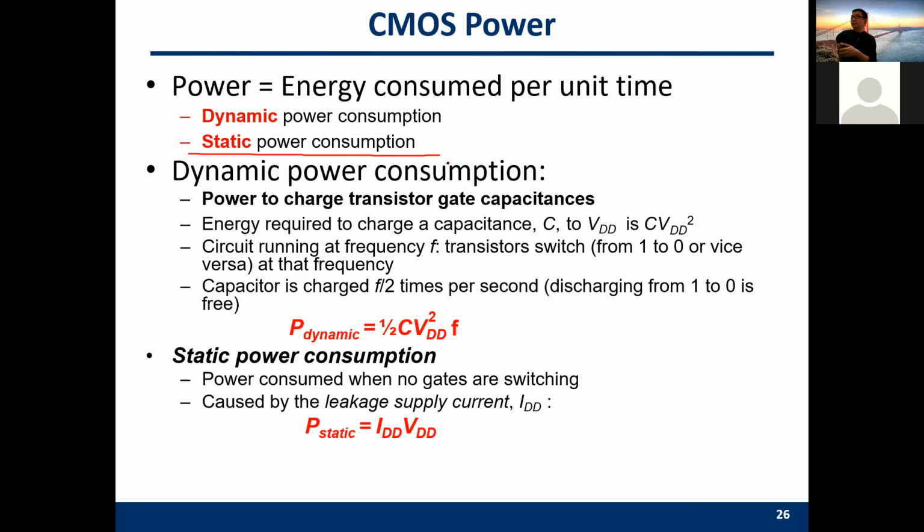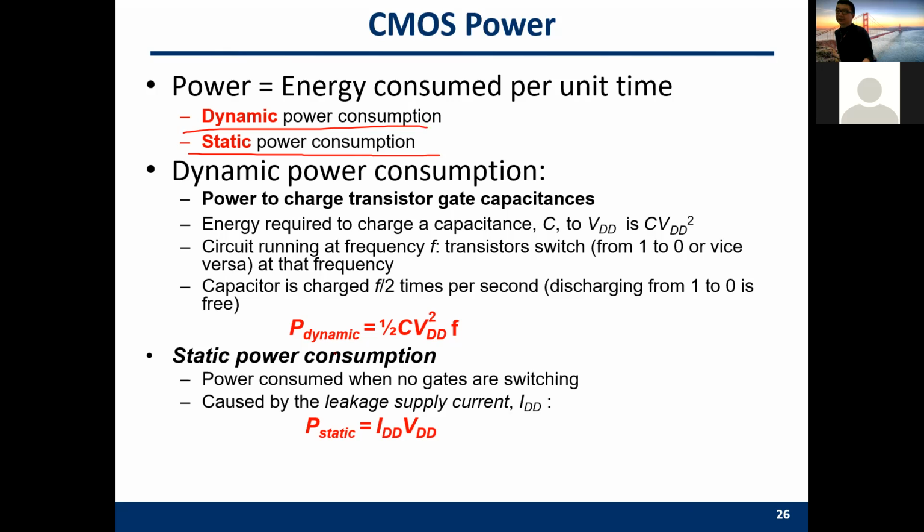But when you try to do some computation, the circuit will consume extra power, which is dynamic power. Only when the circuit is busy do you have dynamic power. Otherwise, if the circuit is idle, there's no dynamic power.